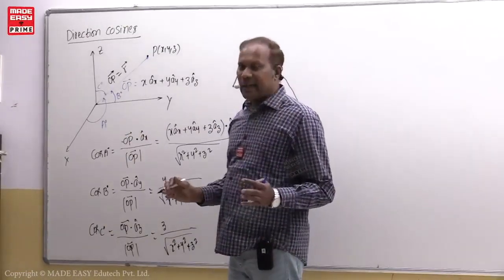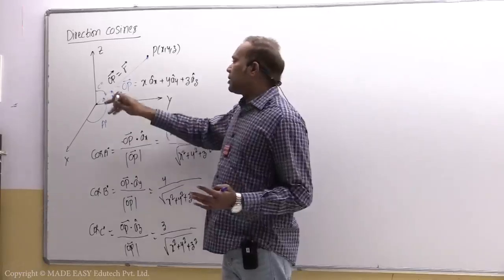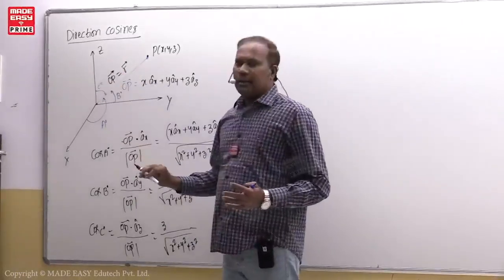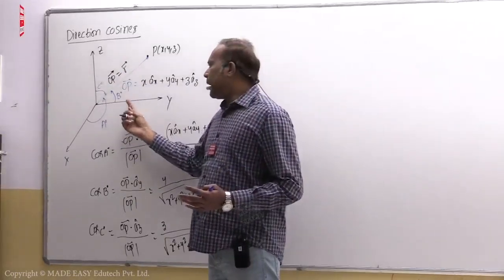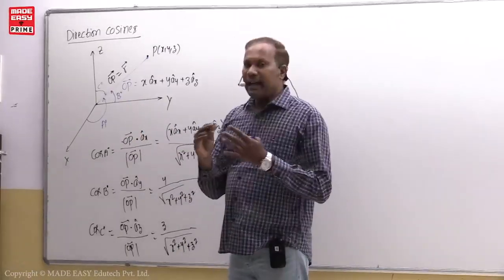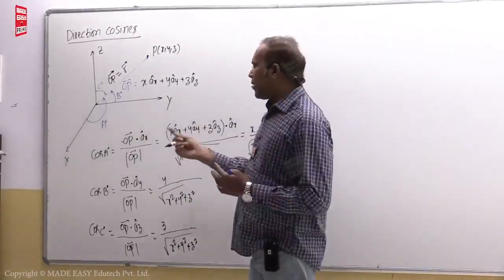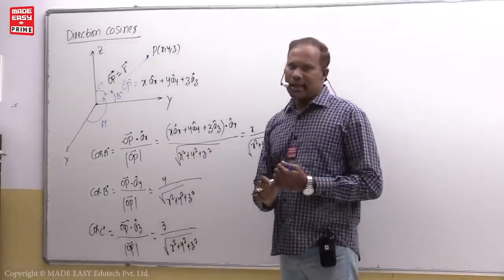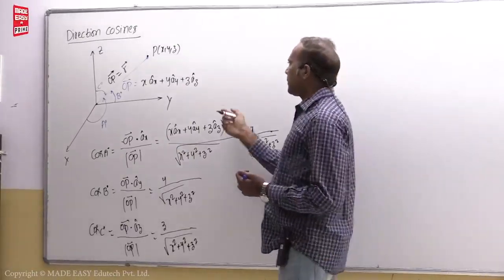That means these angles are deciding the direction. So for the z direction, A and B are 90 degrees, C is 0. These angles decide the directions and cos is there, so they are called direction cosines. These are definitions in mathematics.